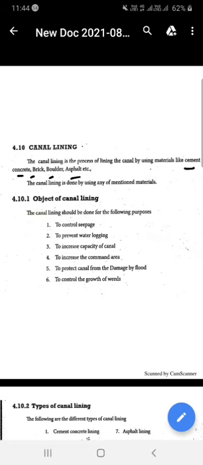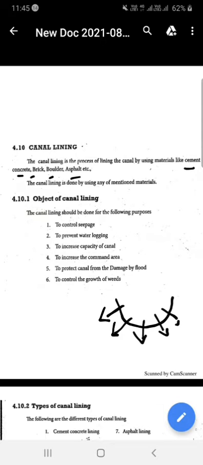Now why do we provide canal lining? The first thing is that suppose this canal is porous, that means it allows water to flow through, then water will seep through it and come out from the channel.